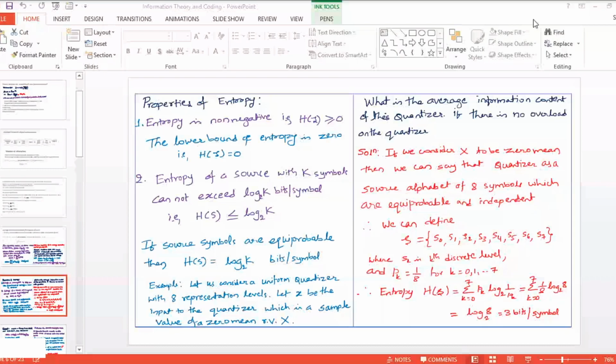There will be 10 questions, each question carrying 0.5 mark, so a total of 5 marks quiz. Any doubts?